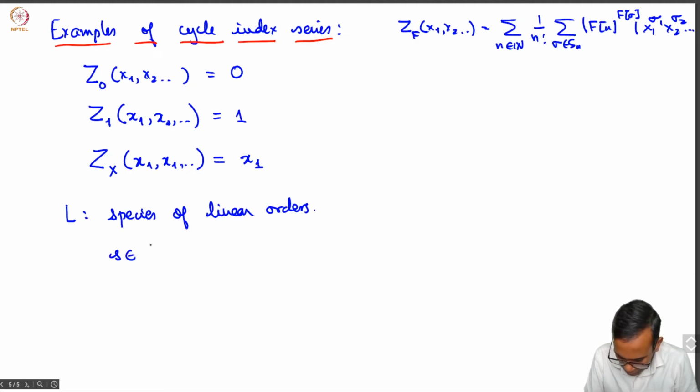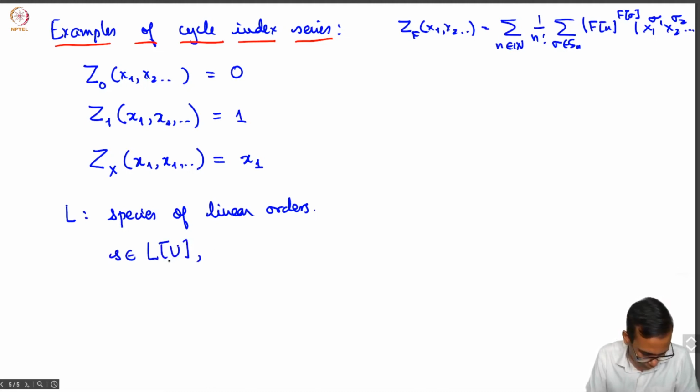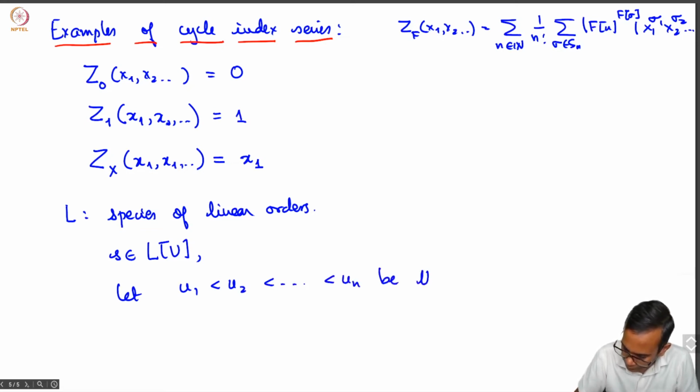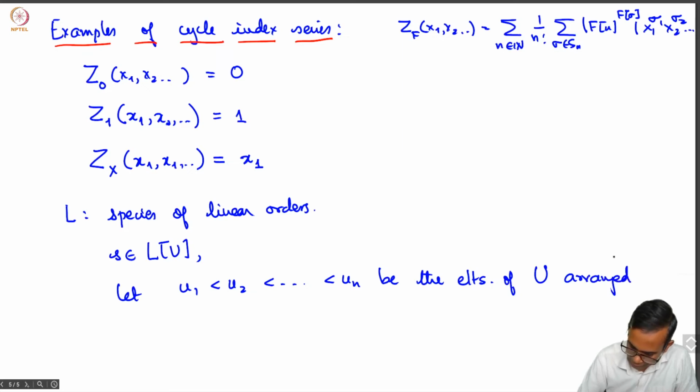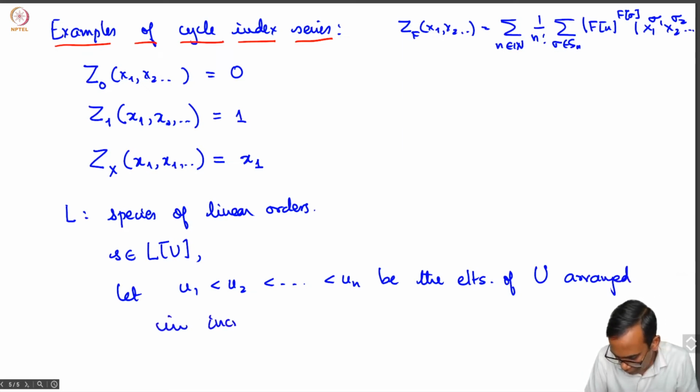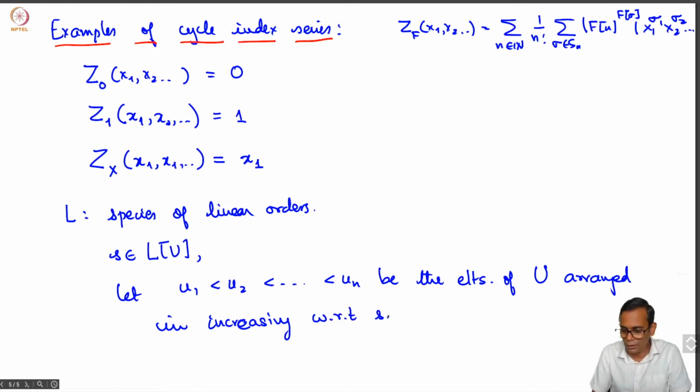If S belongs to L[U], then we can understand S completely by arranging the elements of U in increasing order with respect to S. So S is a linear order, and we can just arrange all the elements in increasing order.